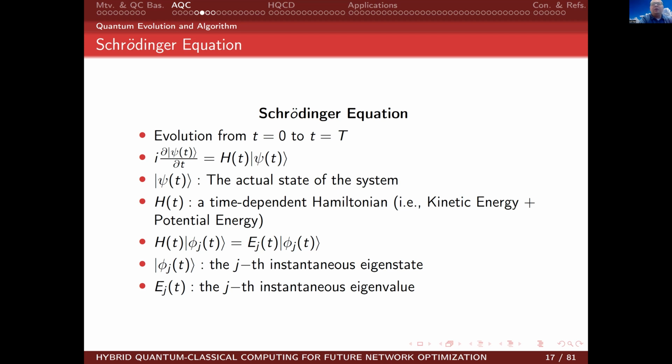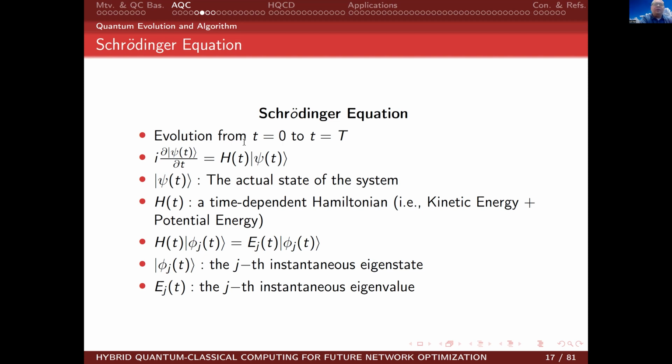This Hamiltonian in physics is the kinetic energy plus the potential energy, so it represents the system status. The Schrödinger equation describes how the state changes with respect to time, and the right-hand side of this equation is the Hamiltonian multiplied by the state of the system.